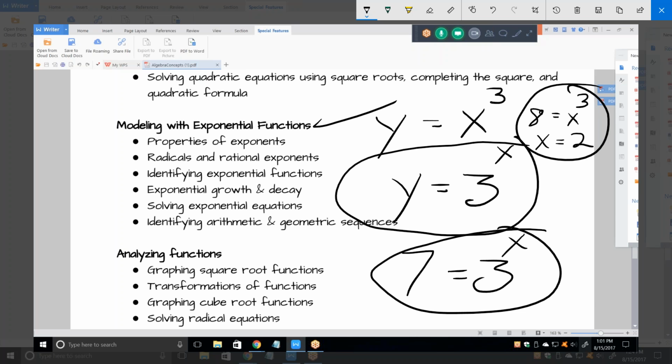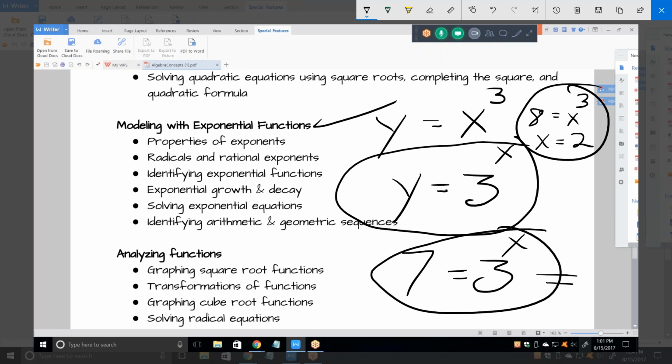It's not an algebraic function. Much, much harder to solve for. Okay? It requires logarithms to actually solve for that, and then you even have to use your calculator. In other words, if you told me to manually solve that, I could spend a year, and if you didn't give me a calculator, I wouldn't be able to solve for it.